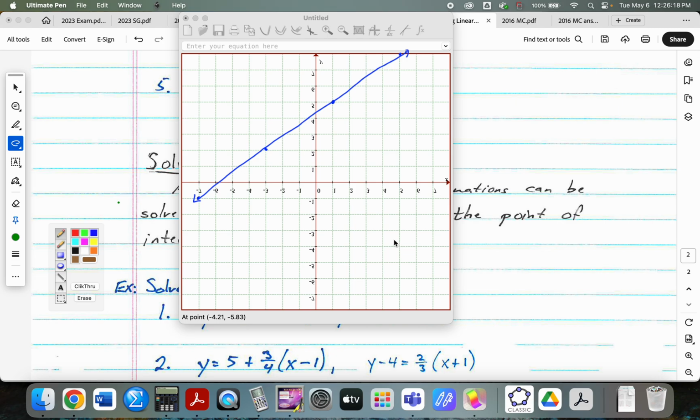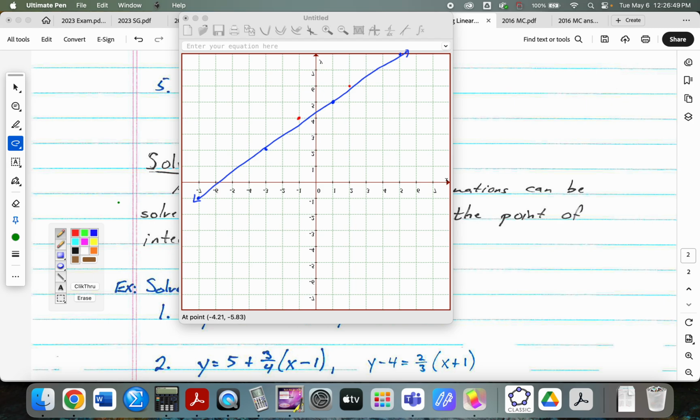And then for the next one, it's going to go through the point x is -1, y is +4. Which is really close to this one. And it has a slope of 2/3. And that one's close, but not quite.